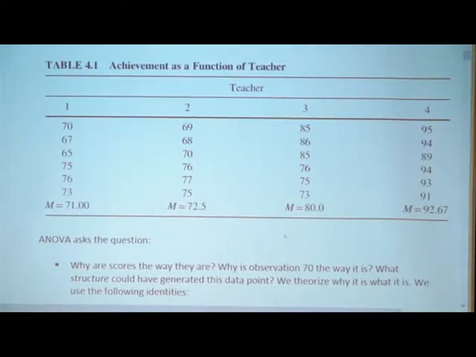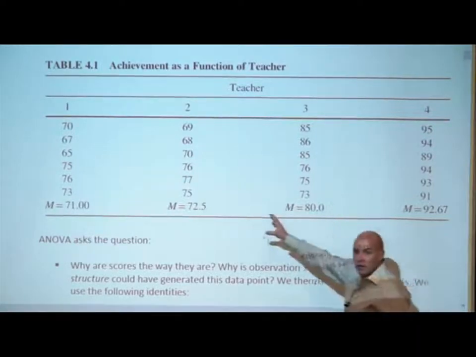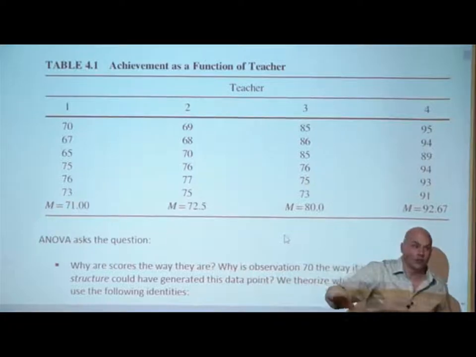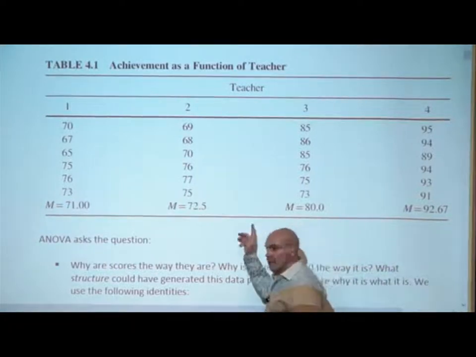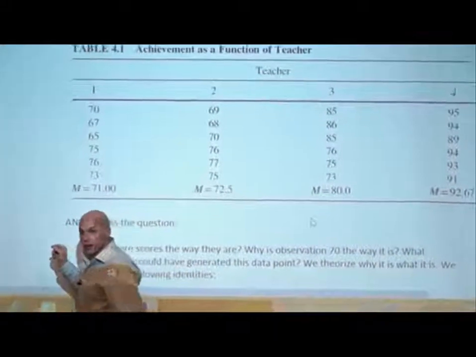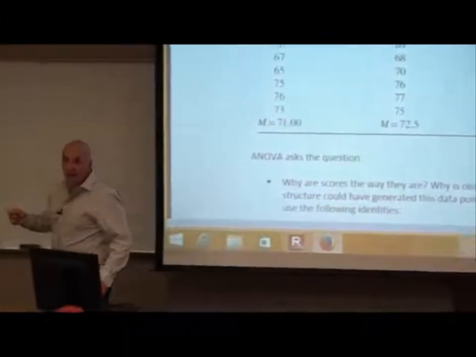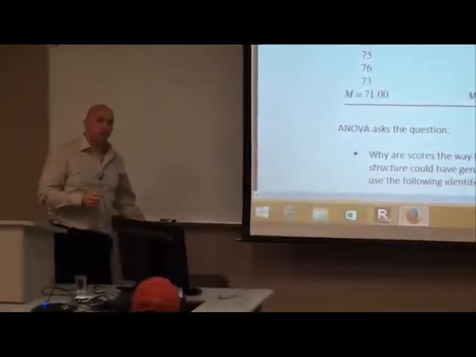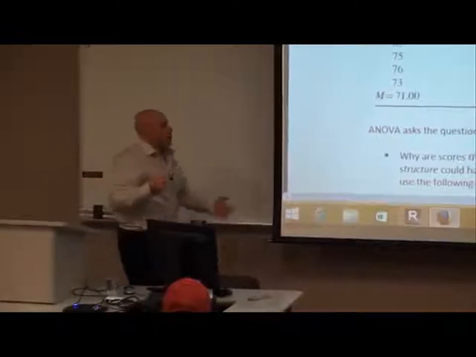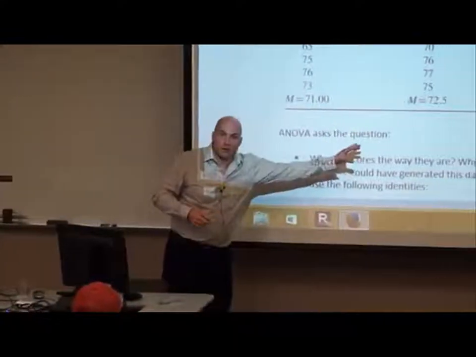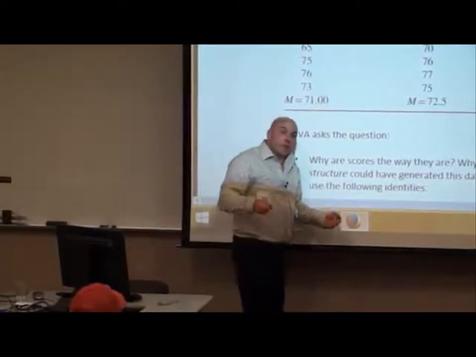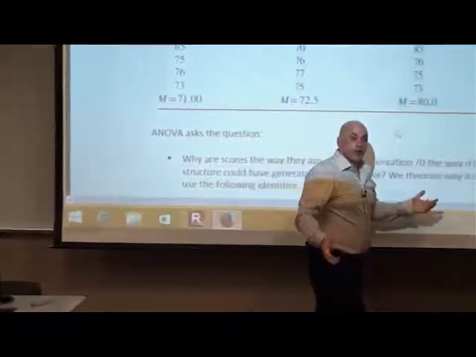Well, if I'm interested in the achievement scores for different students across different teachers, I'm probably not interested in just those 4 teachers. More likely, I'm interested in a population of teachers. So teacher becomes a random effect if I actually randomly sample teachers for the study.